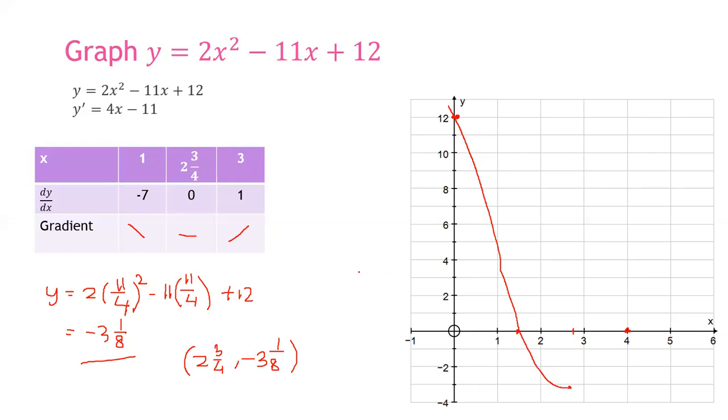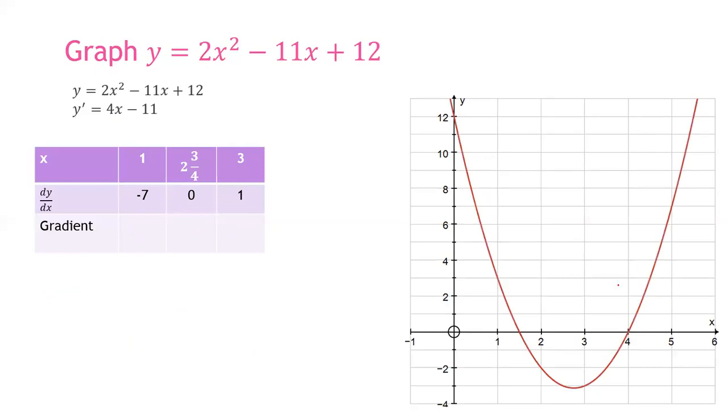And afterwards, after this stationary point, this minimum point, the gradient will be increasing. From decrease will be increase. Okay, like this. The gradient decreases if negative, and this is the stationary point, and increases if positive.